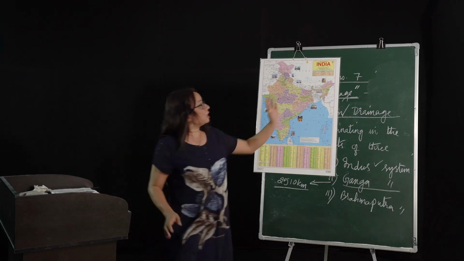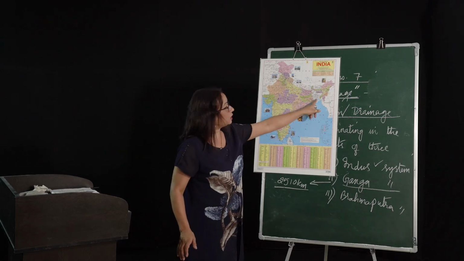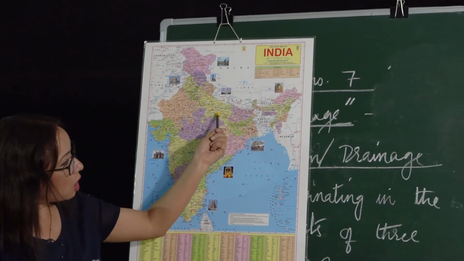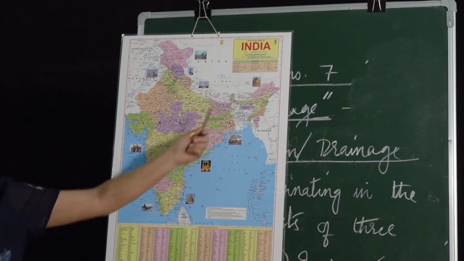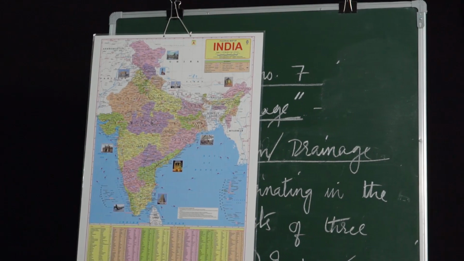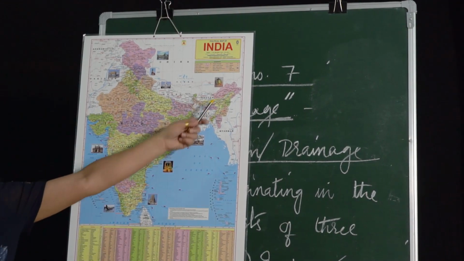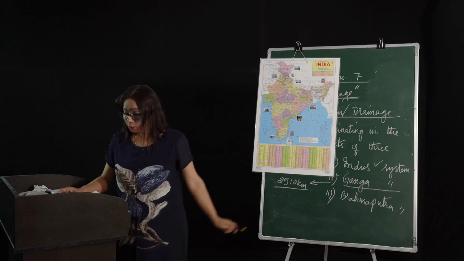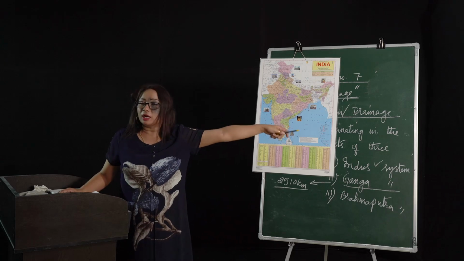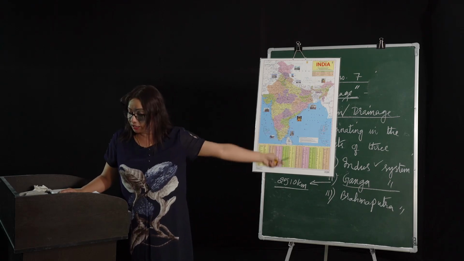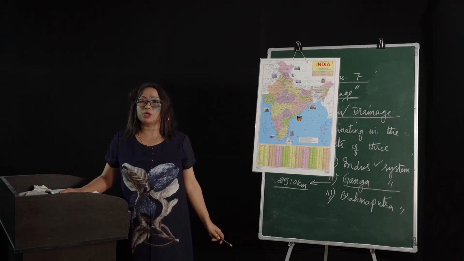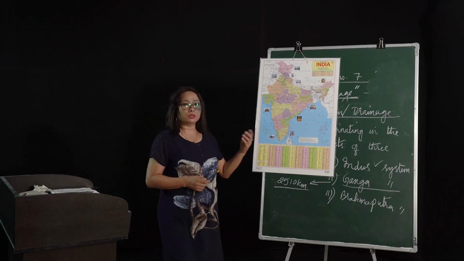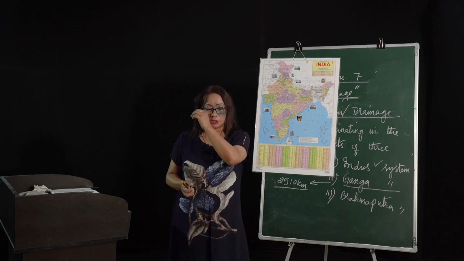Now this Ganga flows down, and in Bangladesh, you can see Bangladesh is here, it is joined by the Brahmaputra, from the Assam side. In Bangladesh, the Brahmaputra and Ganga join, and it forms the combined stream of Padma. I repeat again, a little confusing for students, so I repeat.